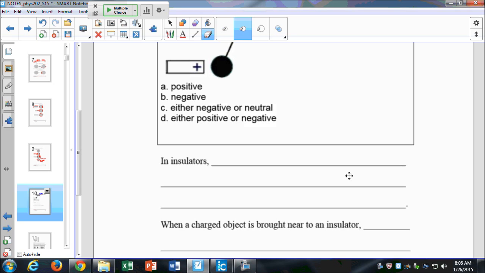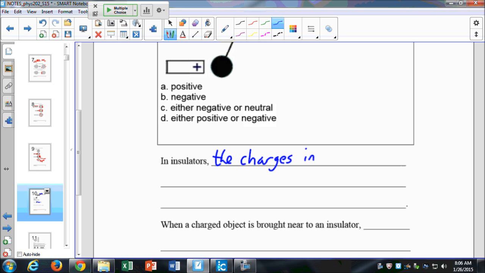In insulators, the charges in the material don't move. The charges might move along the surface.